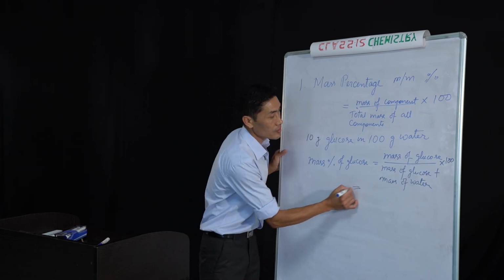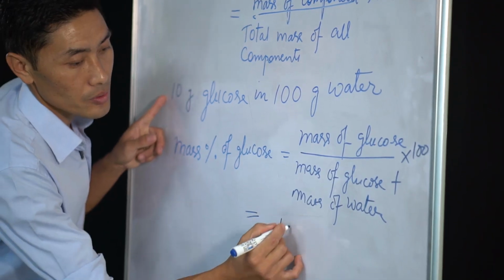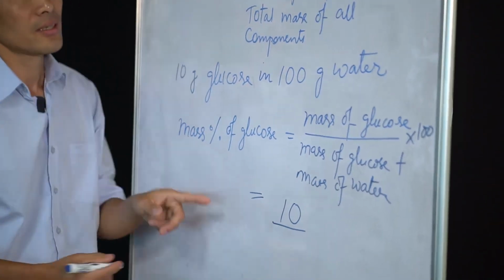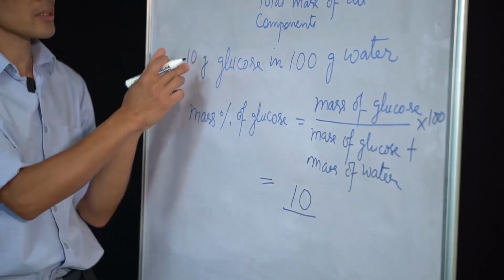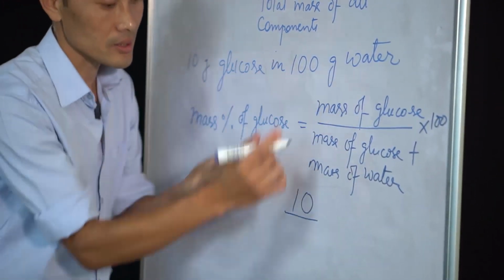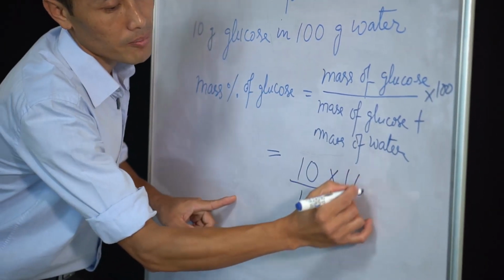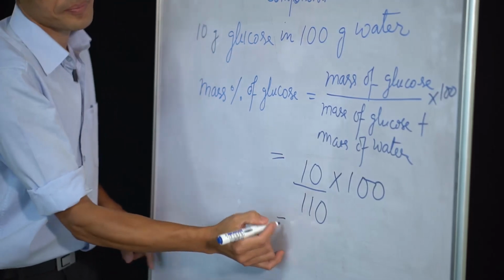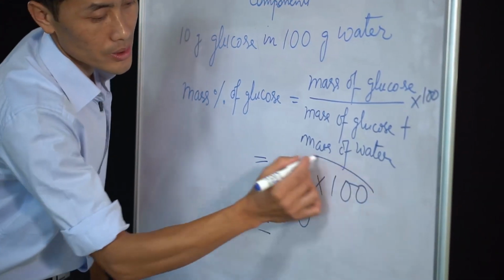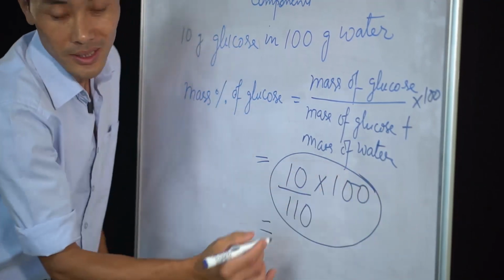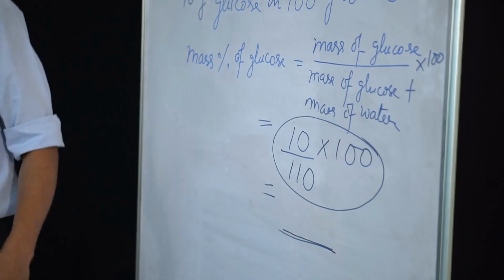We have 10 grams of glucose, so we take 10 here, then mass of glucose plus mass of water, that is 10 plus 100, we get 110. And this finally we multiply by 100. I know you will be able to do these calculations at home, so please try this and I'll give you the answer in the next class.